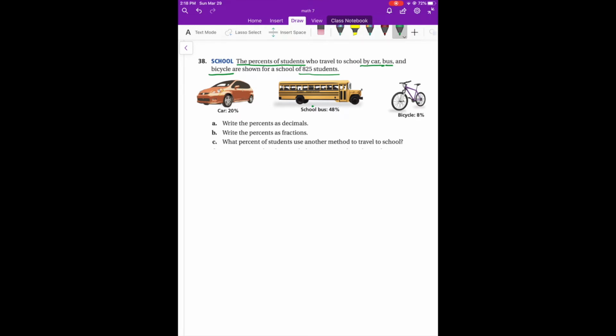So let's look at the question. Question 1, part A, is write the percents as decimals. The first percent is car, which is 20%. They need decimals, so that means 20 over 100, which is 2/10 or 0.2.